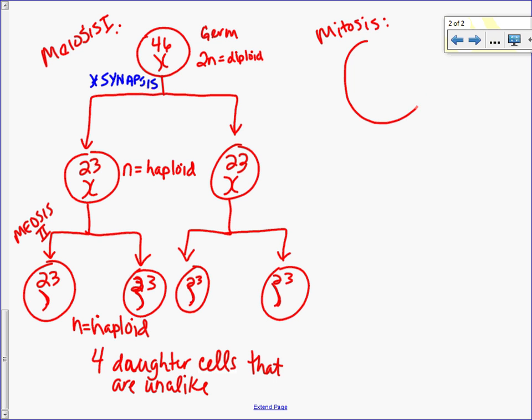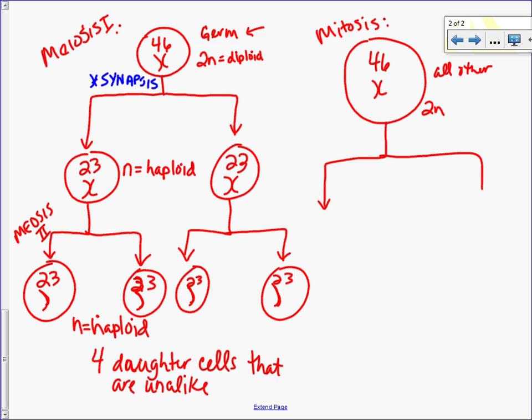Mitosis, we start out with 46 chromosomes. And here in meiosis, we were talking about sex cells. In mitosis, it's all other cells, anything else. And we start out 2N.